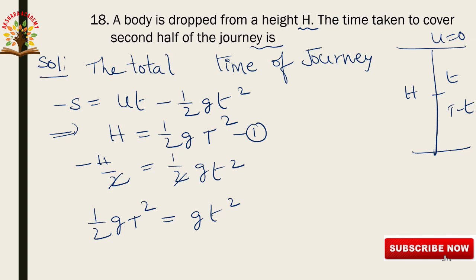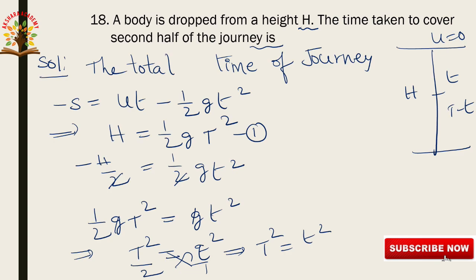Here ut is equal to 0, so g gets cancelled. t square is equal to T square by 2. Taking cross multiplication, T square is equal to 2 t square.